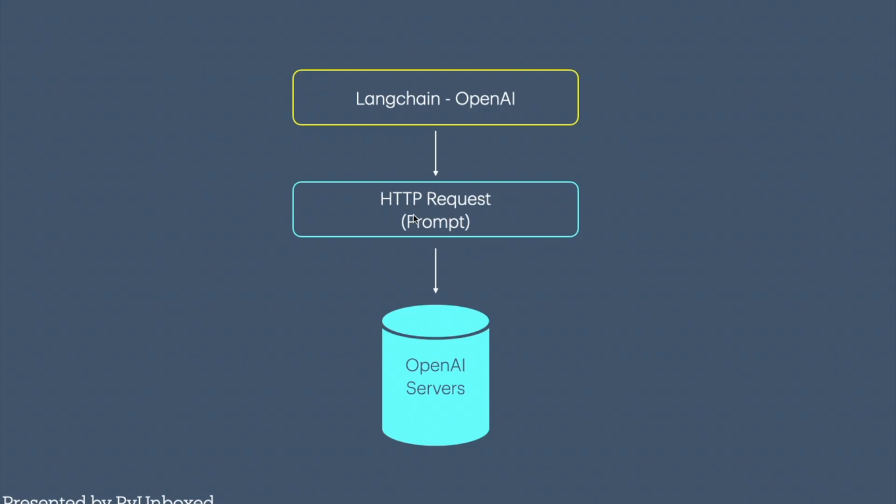In our case, it was tell a CS joke, and then they run on those models and send the response back as a HTTP response, and that's what we see within the response. So when we are actually importing LangChain OpenAI module, we are not essentially importing a model per se. We are just using that library to make a request call to OpenAI server and get the response back. Yeah, so that's about it.